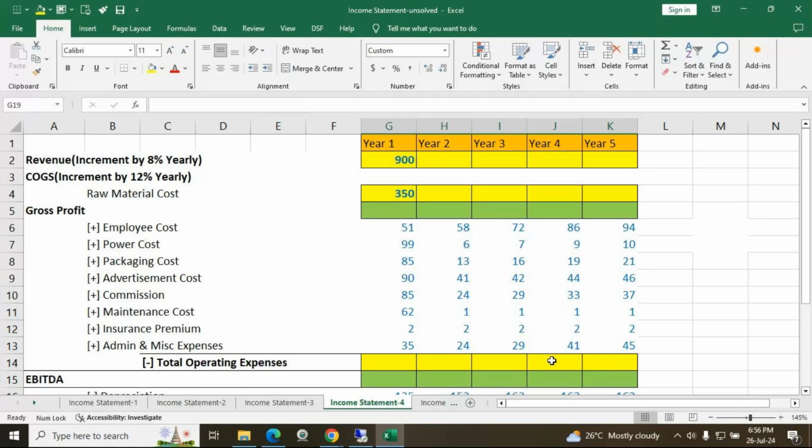Ma'am, the ones given below the gross profit, are all of them operating expenses or should we segregate them? No, all these are operating expenses. The operating expenses is already given, so you have to sum and take this value.